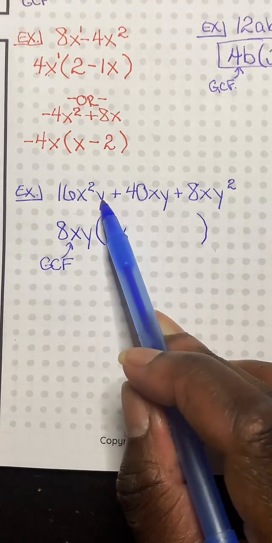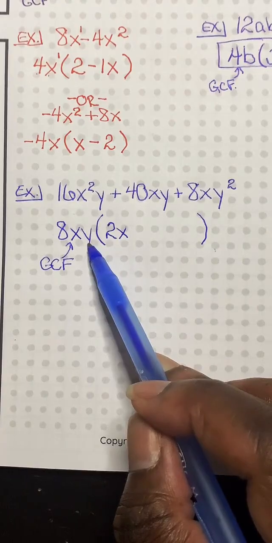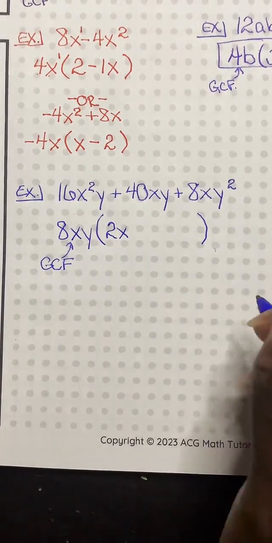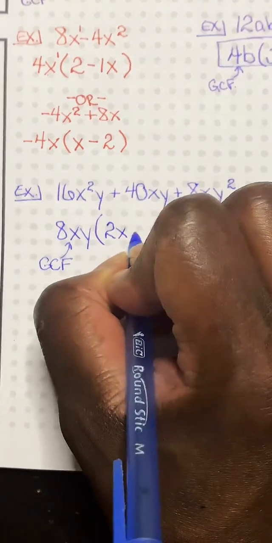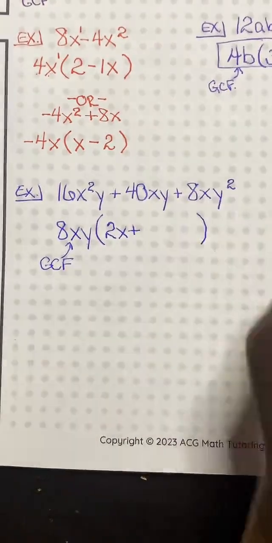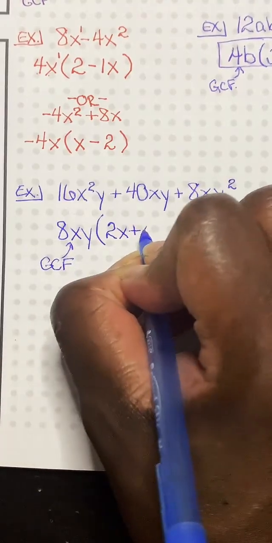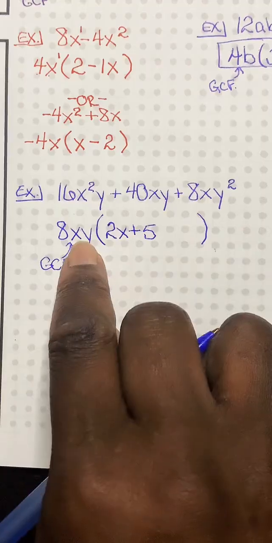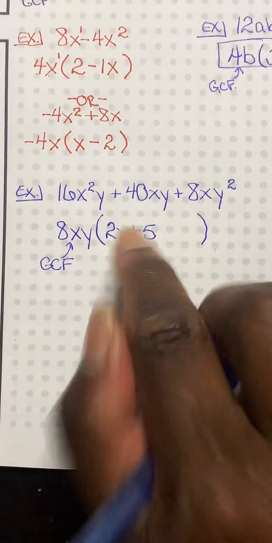And since we have a y and we already factored out one of the y's, there's no y's left. A couple people are agreeing with you, Maya. Good job. So we got our plus. 40 divided by 8 gives me 5. And since we already factored out both the x and the y, they don't stay inside.